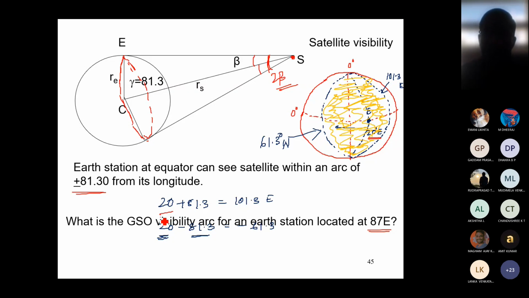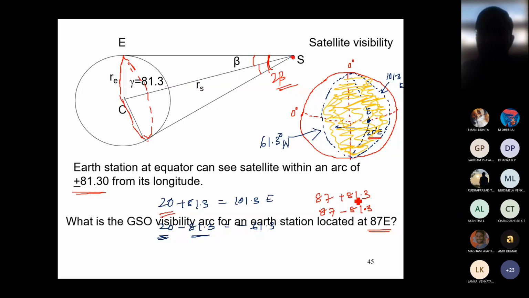So if you use 87, then one longitude will be 87 plus 81.3, and another value will be 87 minus 81.3. So can you answer this now? Up to what longitude to what longitude can your satellite see?